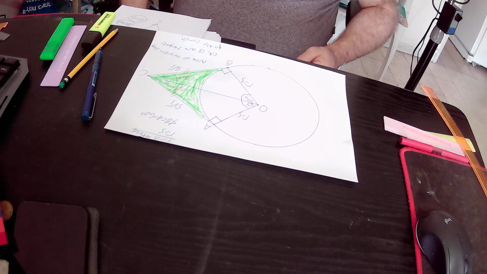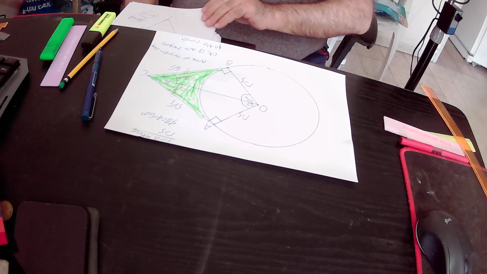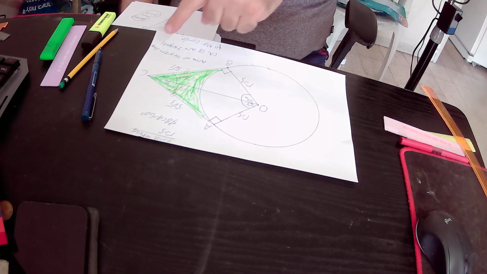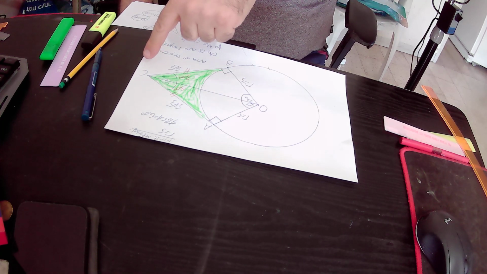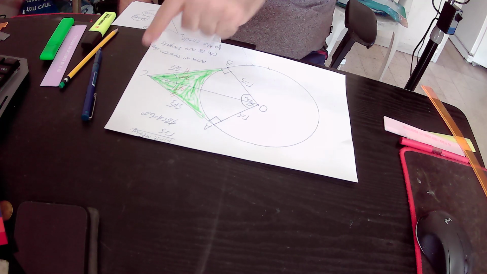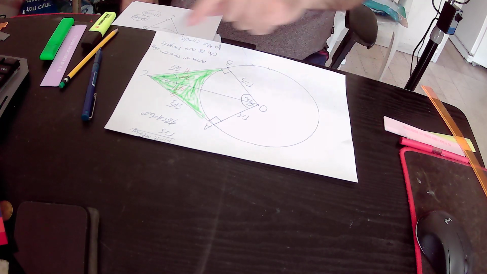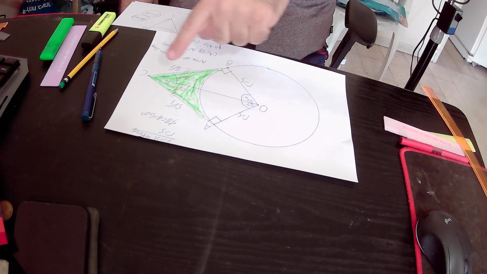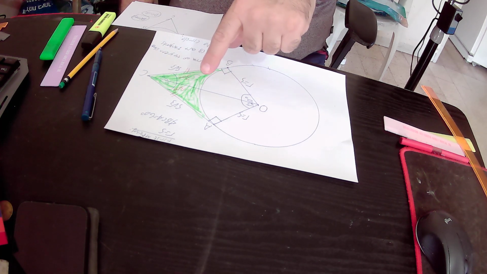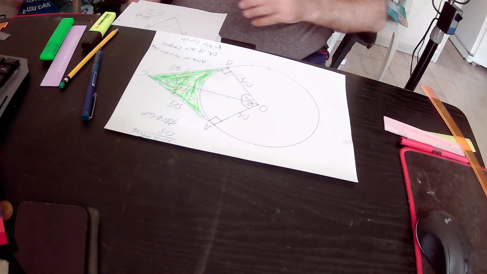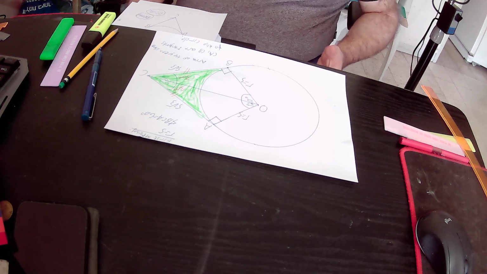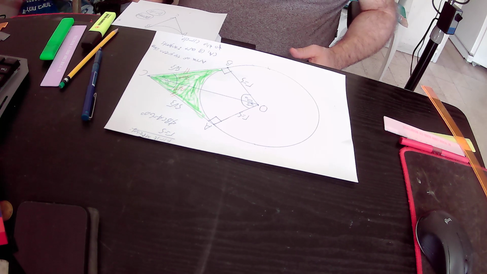Okay, and we also have a second rule. If we have an external point to this circle, that is to say point C, and from point C we draw two tangents to this circle, then those two tangents will be equal to each other in their sizes. Or according to the two tangents theorem, the lengths of two tangents from a common external point to a circle are equal.